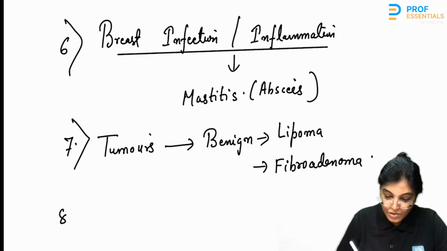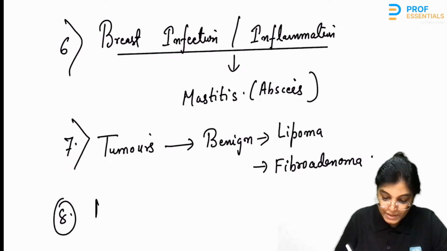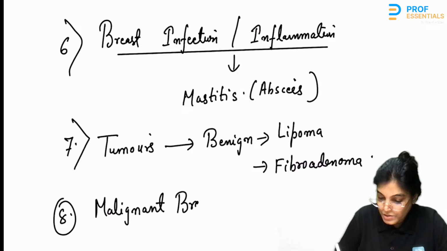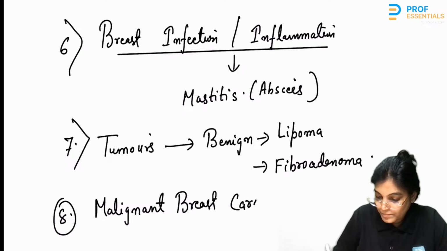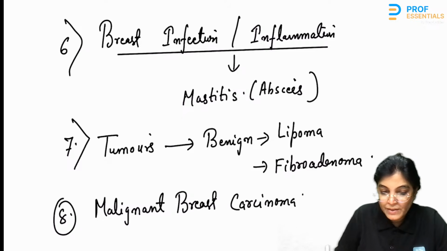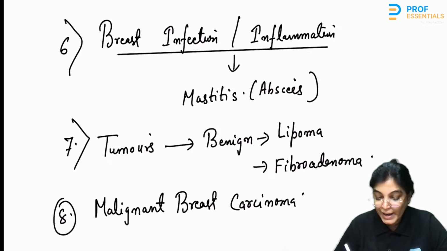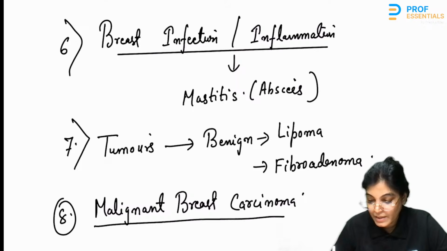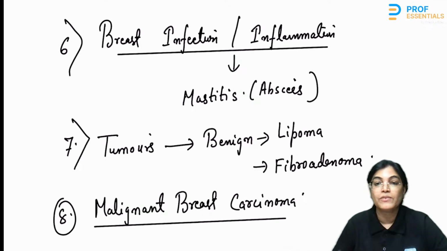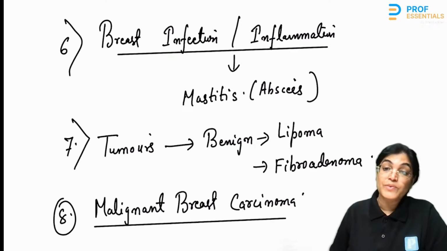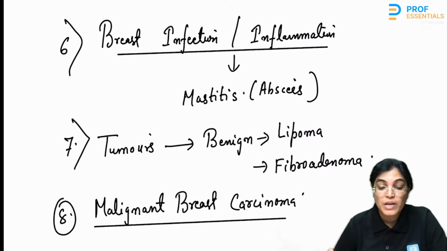The other one is breast carcinoma, which we have discussed, and we have seen the spread also. There will be lymphatic spread, and spread of metastatic cells via the veins, which we have discussed, and via lymphatic drainage.